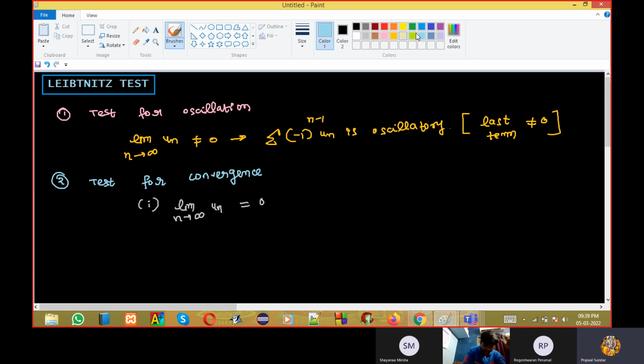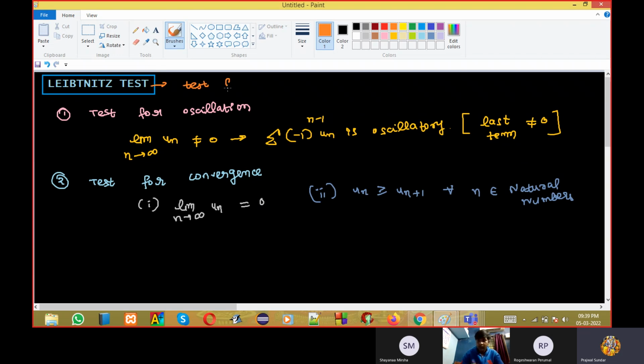Second condition: un should be greater than or equal to un plus 1 for all n belonging to natural numbers. Hope it's clear. If these two conditions are satisfied, then you can say the alternating series is convergent. Leibniz is used to test convergence.